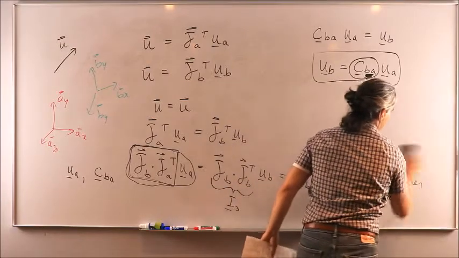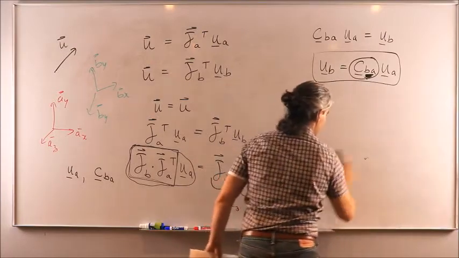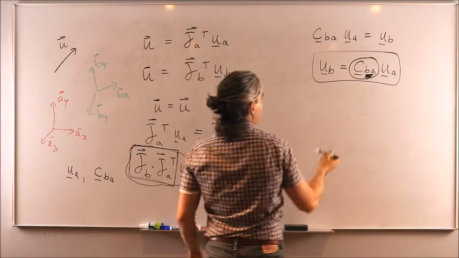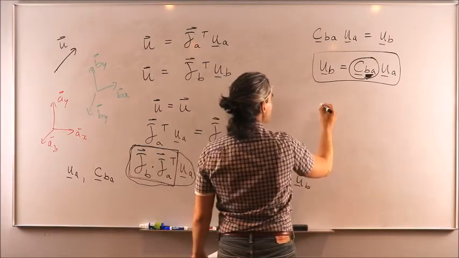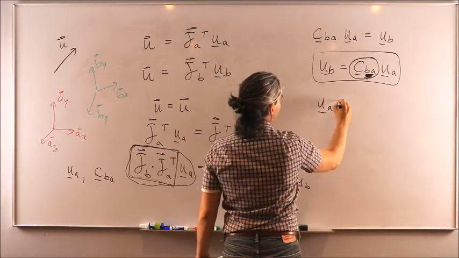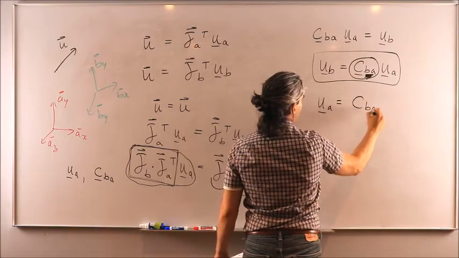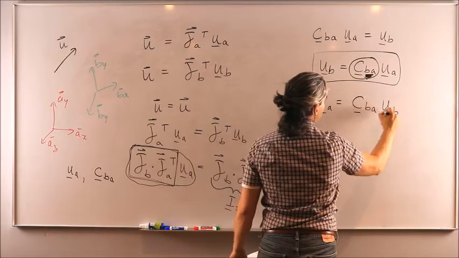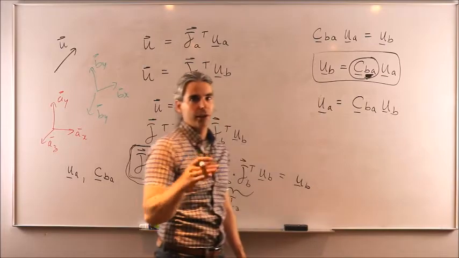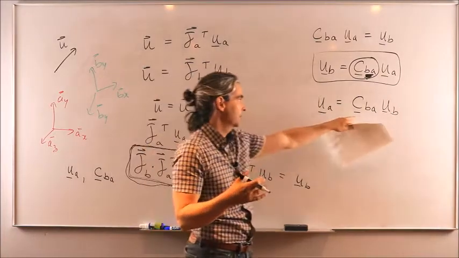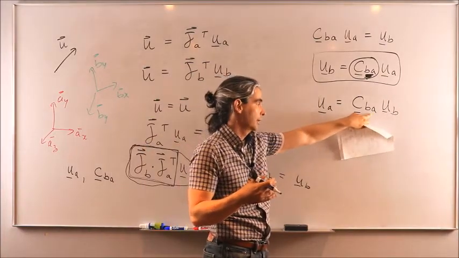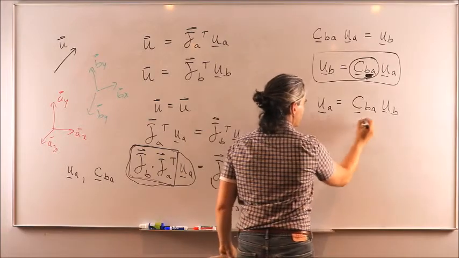But things can be switched around that easily. You couldn't say that UA is CBA times UB. That doesn't work. Based on the trick I gave you already for the subscripts of rotation matrices, the subscripts don't match.